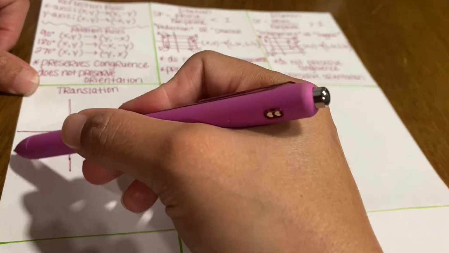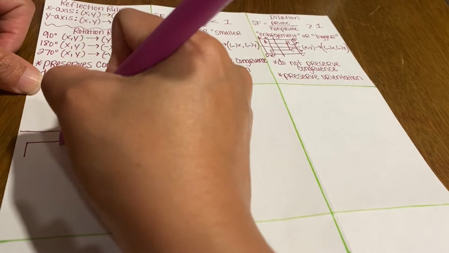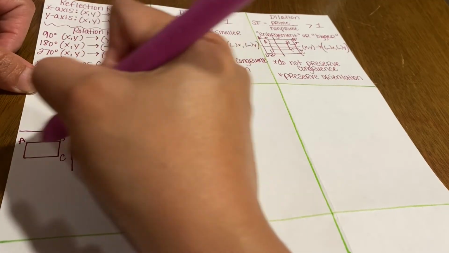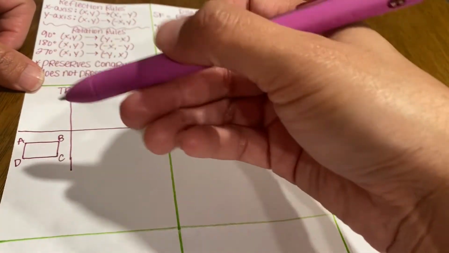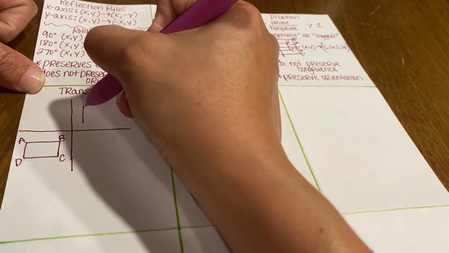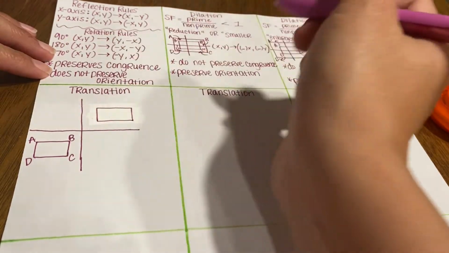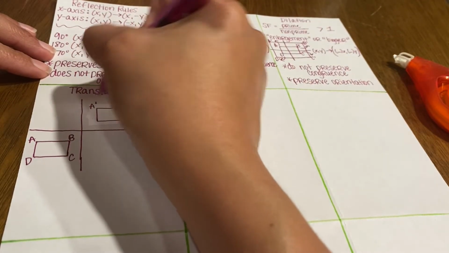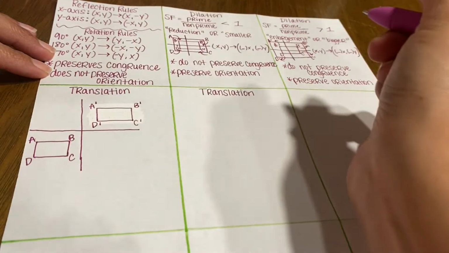And we're gonna make our original shape down here. So draw a rectangle down there. And label A, B, C, D. Then we're going to shift this to the right and up. So draw your new rectangle right here. When you draw the rectangle, try to make it look the same size and then label your new letters. So A prime, B prime, C prime, D prime.